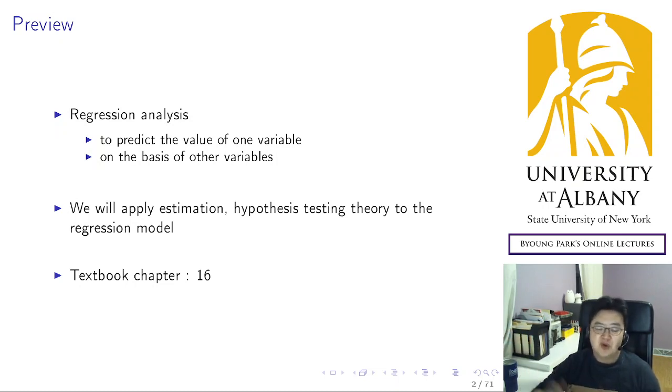Or I may use the interest rate, exchange rates, and other macro variables to predict the stock market tomorrow. This kind of structure is very common in economics and also in a lot of social sciences, natural sciences, and other fields of study.